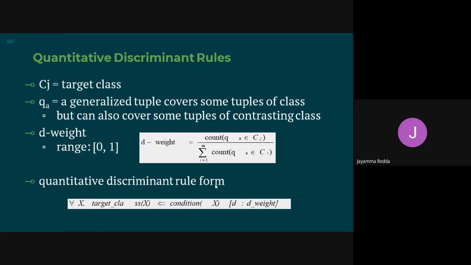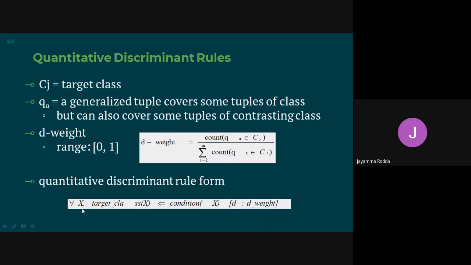Based on the generalized tuple and the count distribution that we got from the D weight measure, a quantitative discriminant rule for the graduate students, that is the target class, can be written as follows.